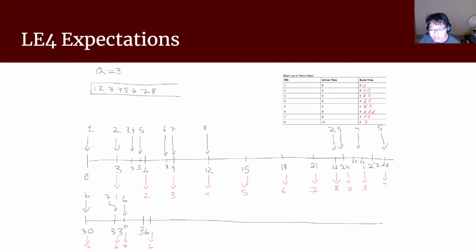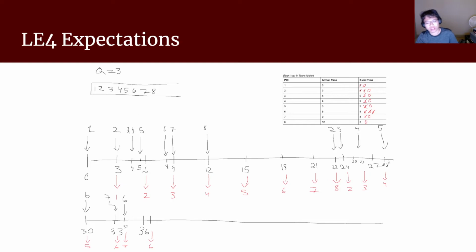And then 4 comes in. 4 should take 3 seconds. My apologies, it should take 3 seconds, so 29th, but for some reason I did 28. So it's actually 29. So 4 should be kicked out at 29. It's also done. So now 5 comes in at the 29th.